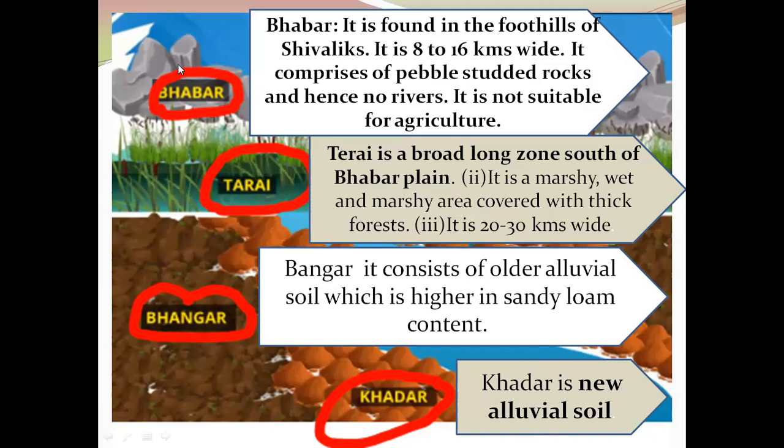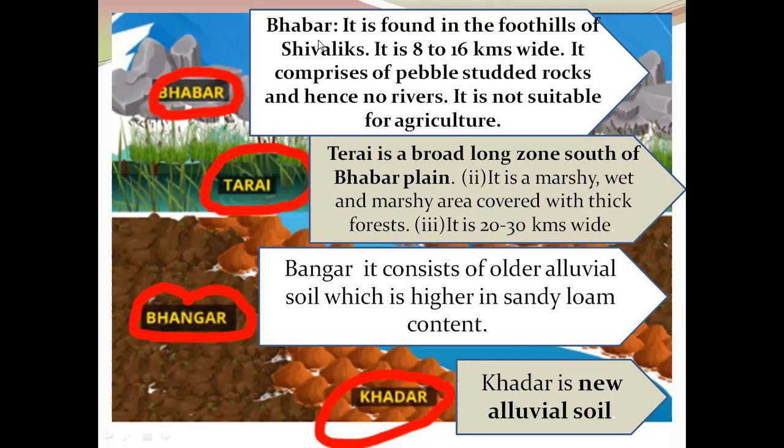Near the foot of the mountain, because of the rolling down of the stones along with the river water, these kinds of pebbles are formed at the foot of the mountain. It is a nearly 8 to 16 kilometer wide range, full of pebbles and rocks, and it is not suitable for agriculture.